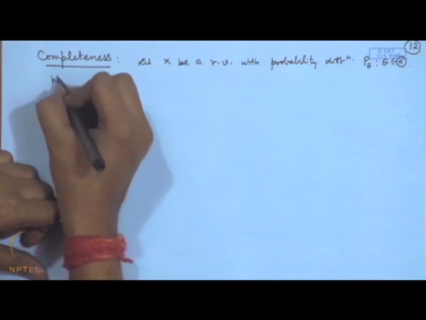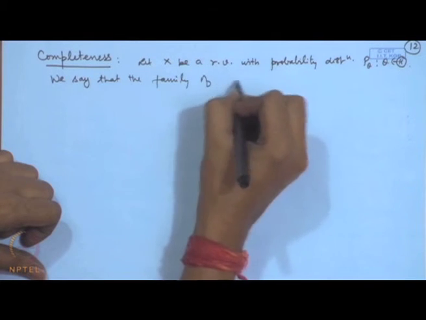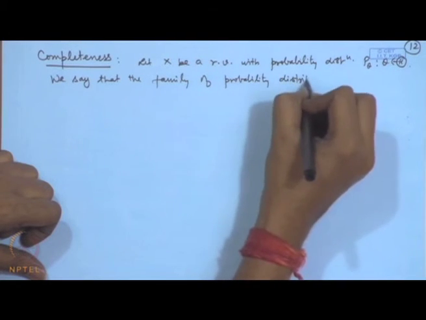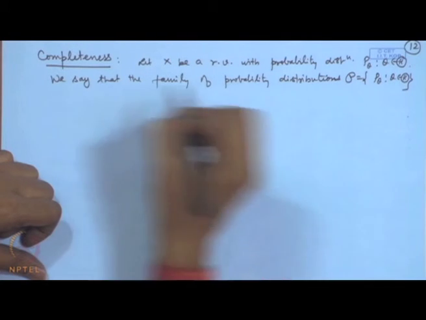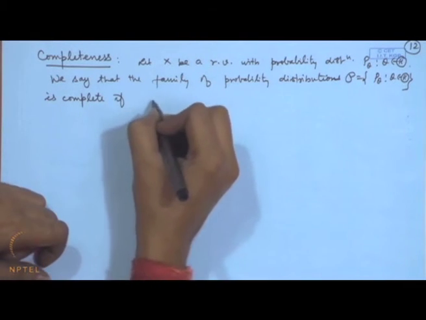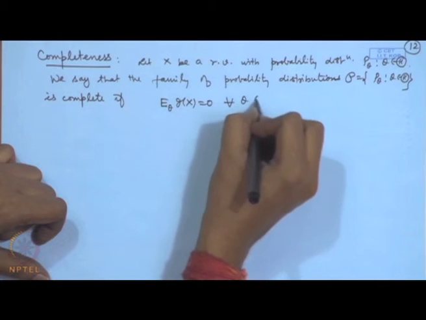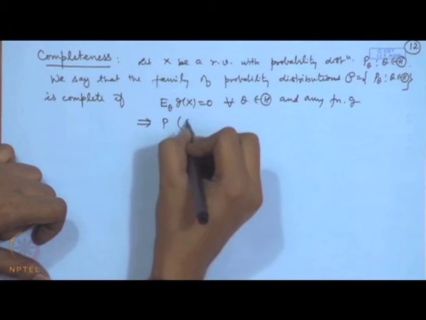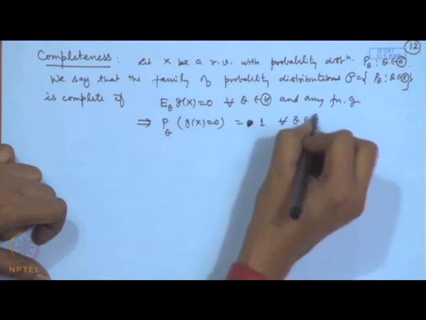So, we say that the family of probability distributions P, that is equal to {P theta, theta belonging to Theta}, is complete if expectation theta of g(X) is equal to 0 for all theta belonging to Theta, and any function g implies that probability that g(X) is equal to 0 is 1 for all theta belonging to Theta.